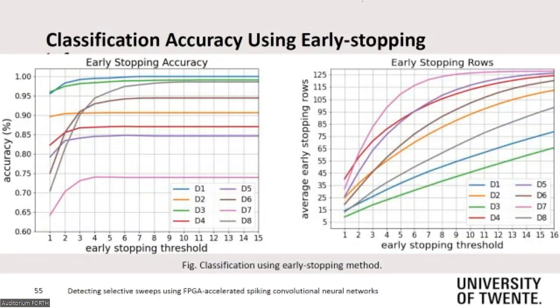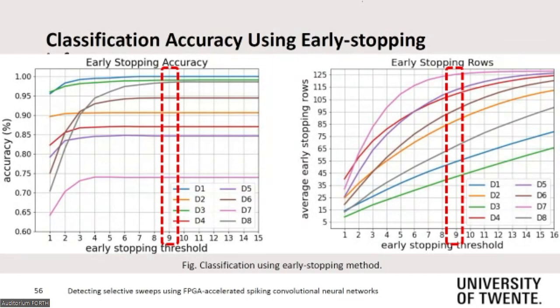Here we also evaluate our SCN using early stopping inference. On the left figure, the y-axis represents accuracy, and the x-axis represents the early stopping threshold.